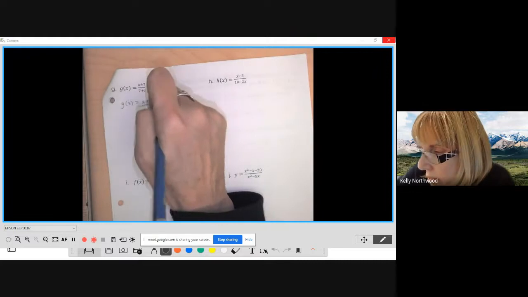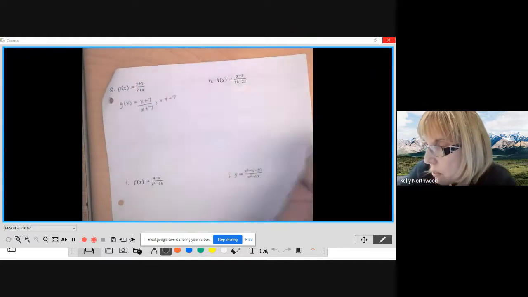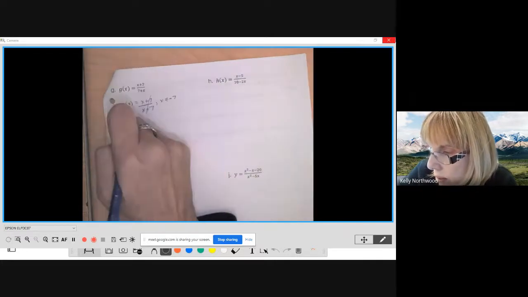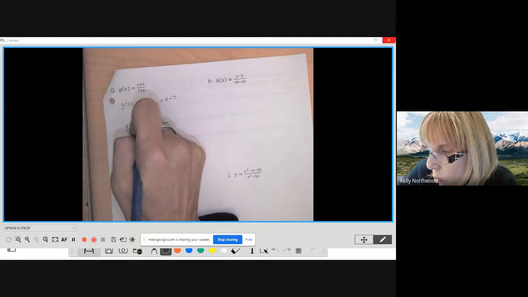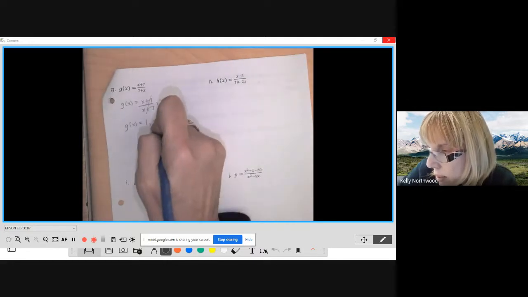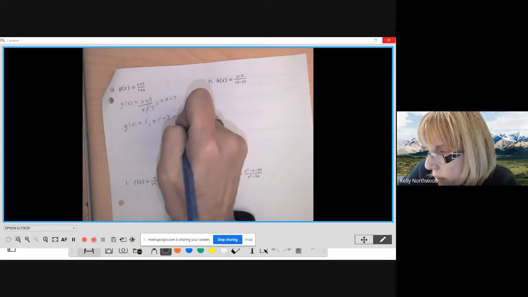So all we have to do here is say that x can't be negative 7, because then the denominator would be 0, and we can cancel them out, which would give us 1. A number divided by itself is 1, but x can't be negative 7, but it can be any other real number.